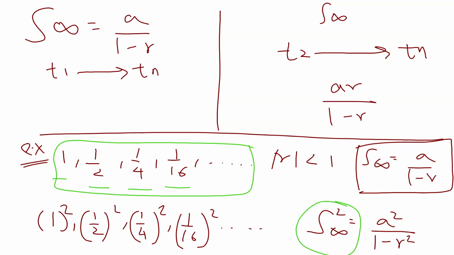Let's go to question number 8, sub question 6. I hope you have copied this. The sum of an infinite geometric series is 15.